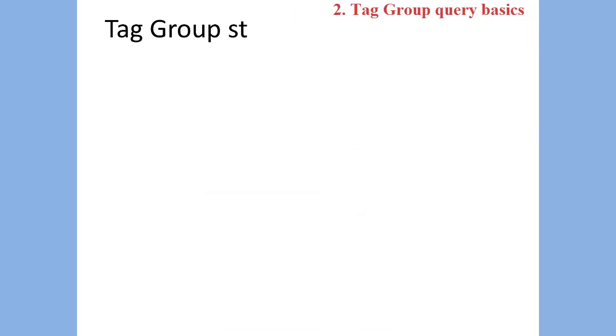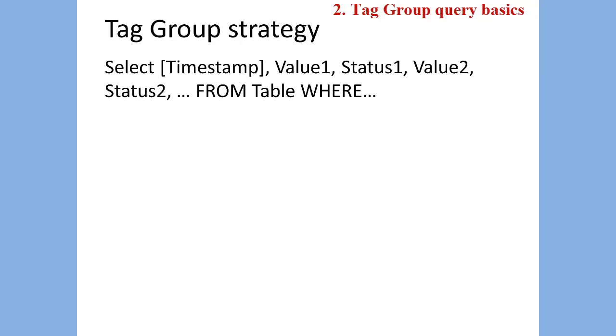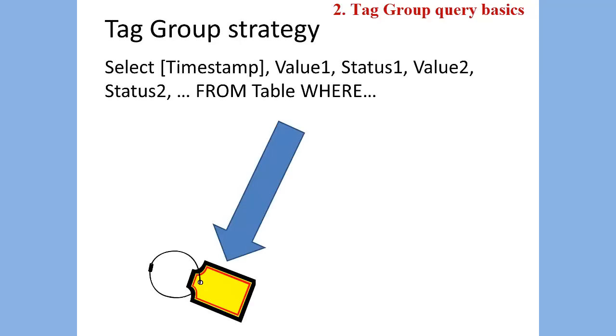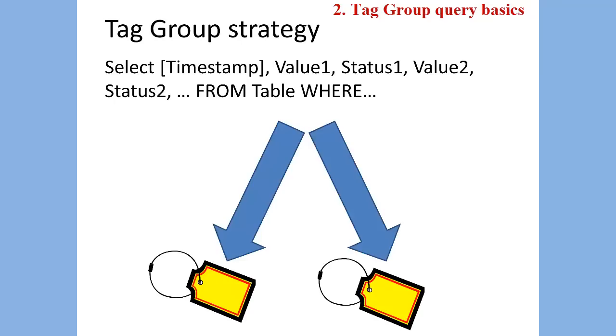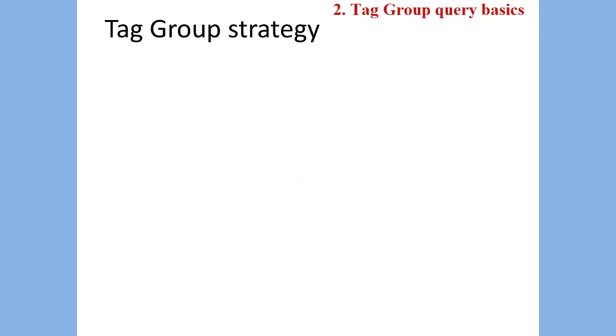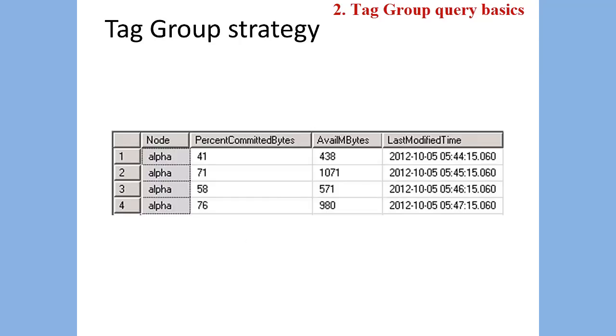In the tag group strategy, one SQL SELECT query is made to the relational database, and the data to populate multiple PI tags is returned. This strategy is useful if we have a table with multiple columns from which we would like to get data. In this table, I have two columns, or two data streams.